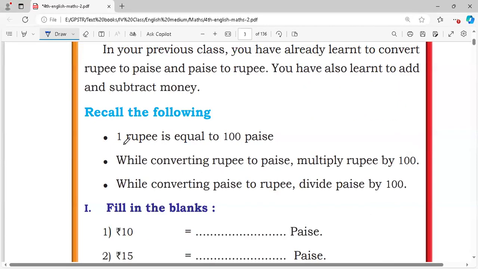Recall the following. 1 rupee is equal to 100 paise. While converting rupee to paise, multiply rupee by 100. While converting paise to rupee, divide paise by 100.